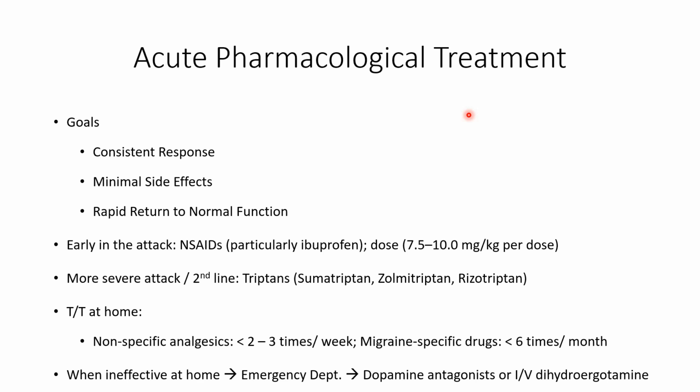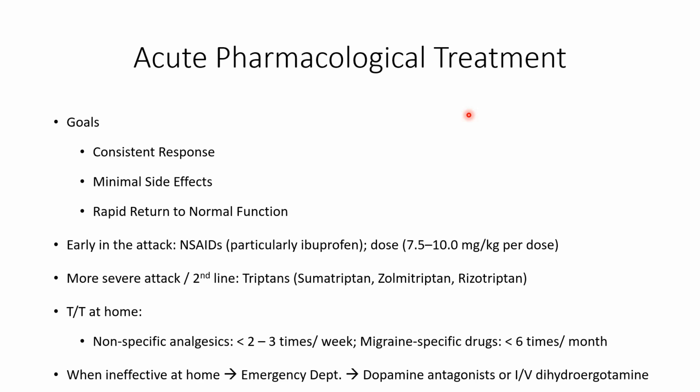If we are able to identify the attack early, the pain may be suppressed or relieved by NSAIDs, particularly ibuprofen. However, if it is a more severe attack and the NSAID has not helped, the second-line treatment is giving triptans, that is sumatriptan, zolmitriptan, or rizatriptan. This acute pharmacological management may be useful at home if we give non-specific analgesics less than 2 to 3 times per week, or the migraine-specific triptan drugs less than 6 times in a month.